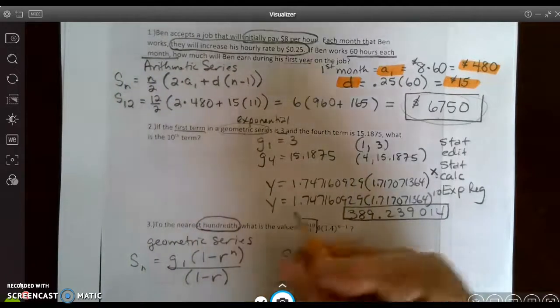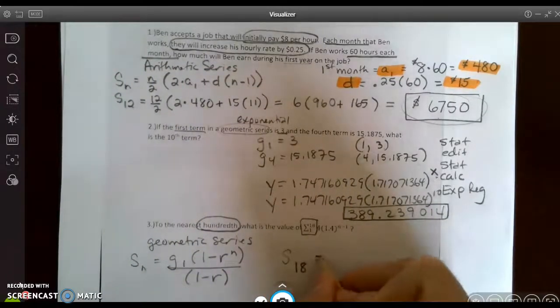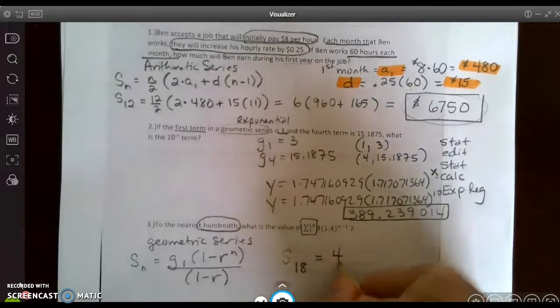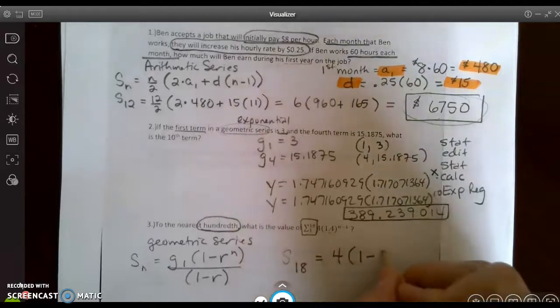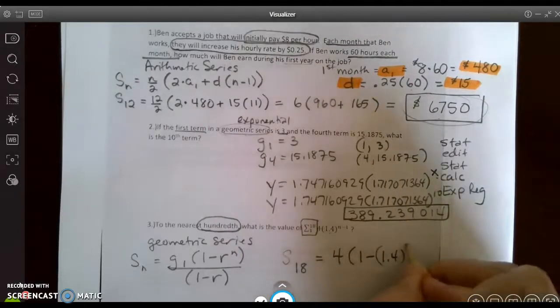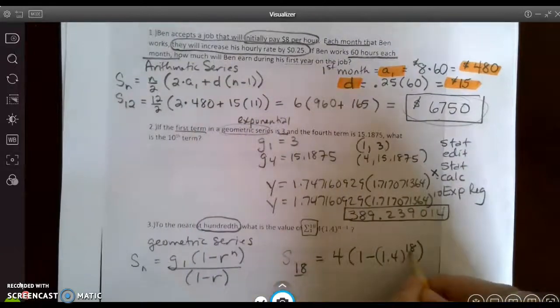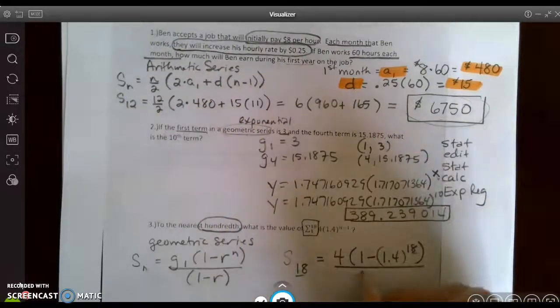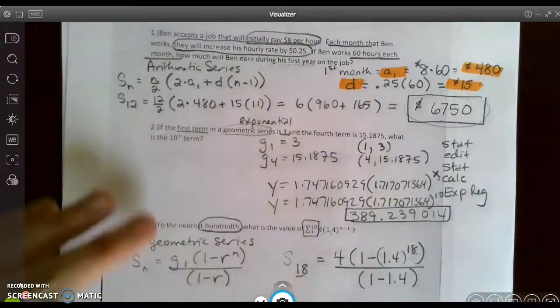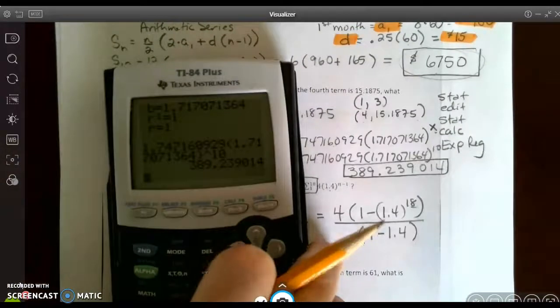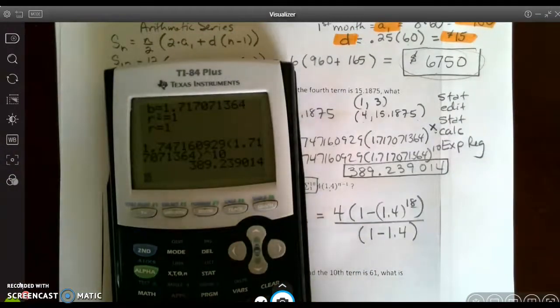So it's S sub 18 equals, the first term is 4. 1 minus the common or constant ratio is 1.4 to the 18th. Notice these should always match. All divided by 1 minus 1.4. I'm going to go ahead and put this into my calculator. 4 times 1 minus, in parentheses, 1.4 to the 18th.